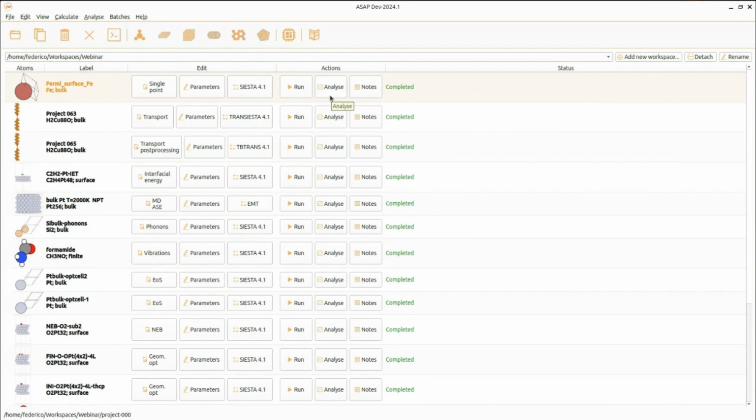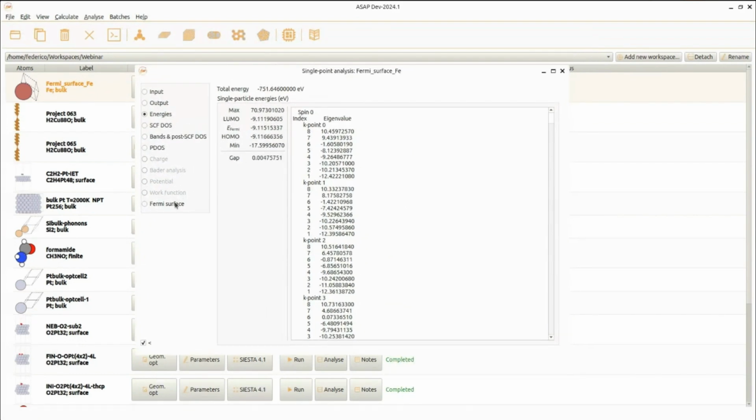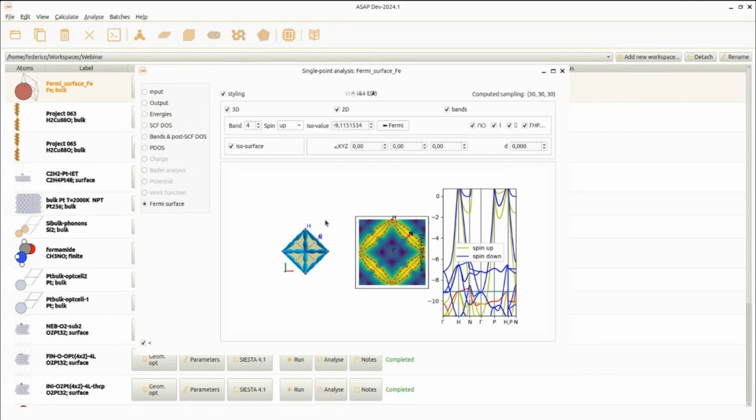Finally, we have a project that is new in this new release of ASAP. It's a project to calculate the Fermi surface. If we go in the analysis, we get a lot of information. Again, maybe we need like 15 minutes just to go through all of them. Basically, what we see here is a representation of the isosurface at a given energy in 3D, 2D, and on the right you see the band structure related to this system.